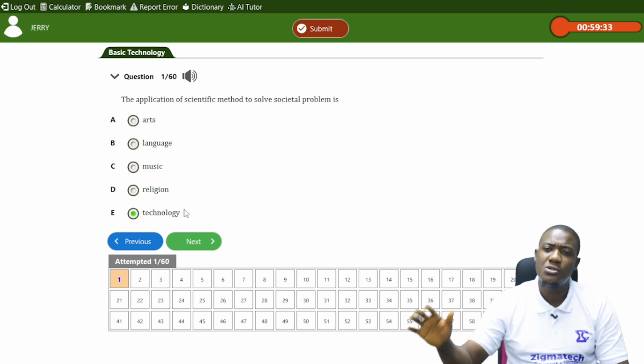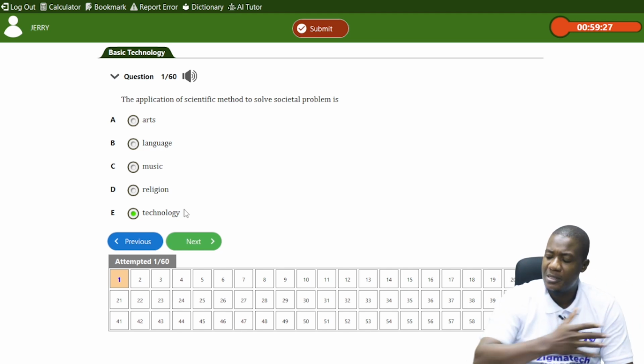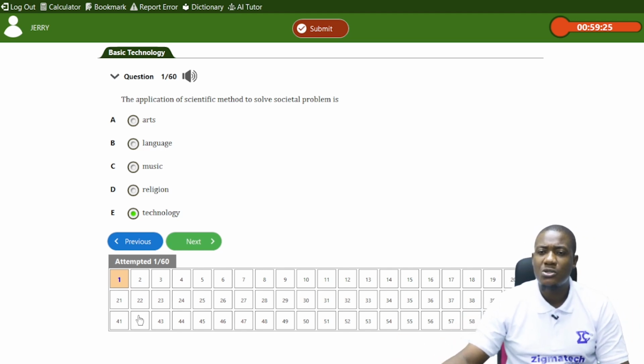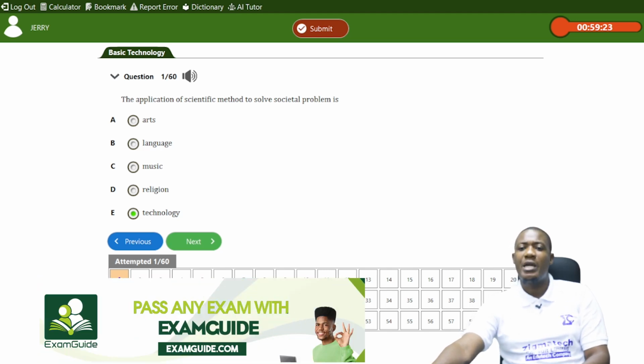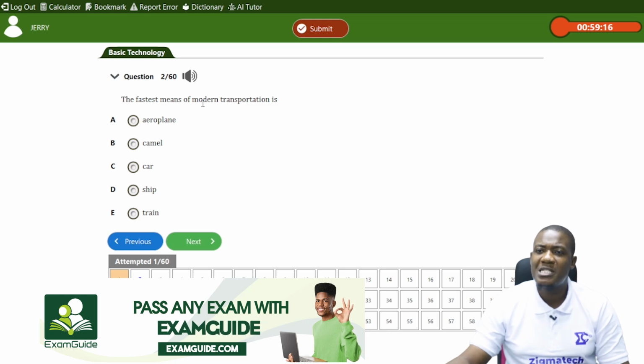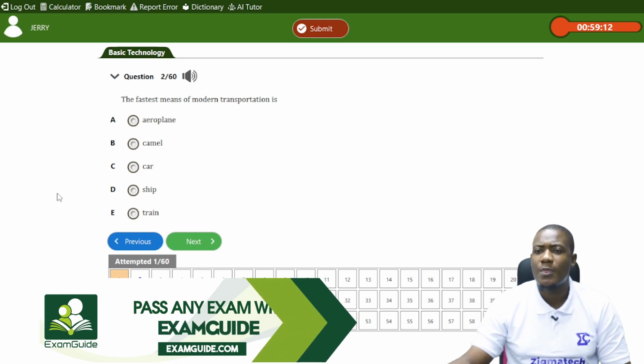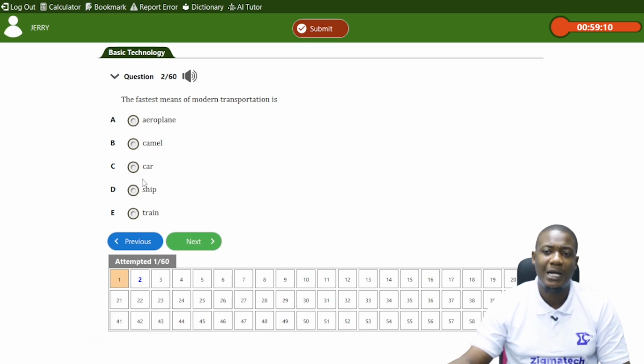Technology is the use of scientific knowledge, or what you know in science, to solve human problems. That application of science is called technology. Okay, let's look at some other questions too. The fastest means of modern transportation is: aeroplane, camel, car, ship, train. The right answer is aeroplane. It's a product of technology.